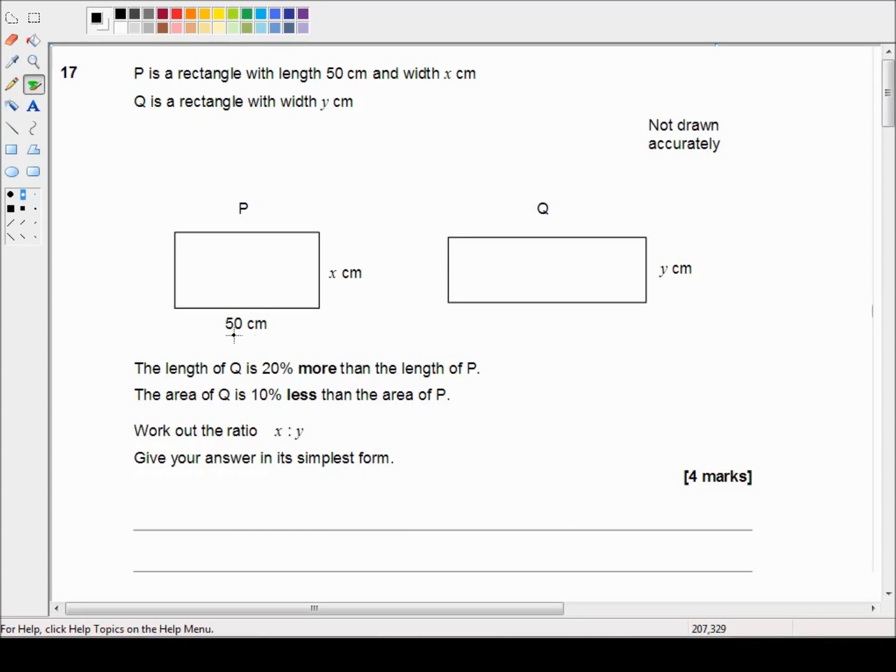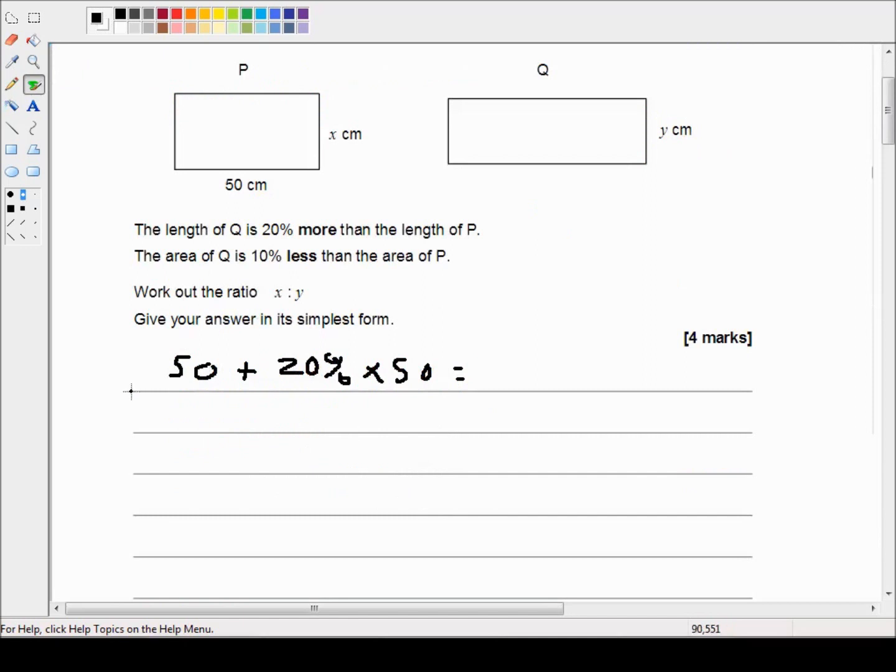Okay, so if the length of Q is 20% more than the length of P, then 50 plus 20% times 50 is equal to, well, this is 50 plus 20 over 100 times 50.